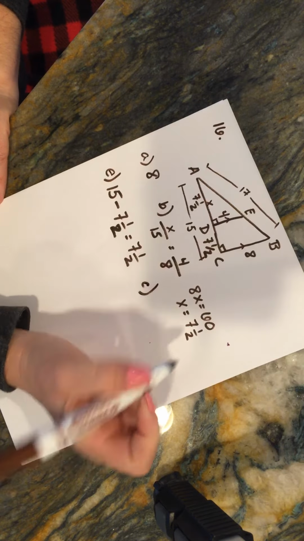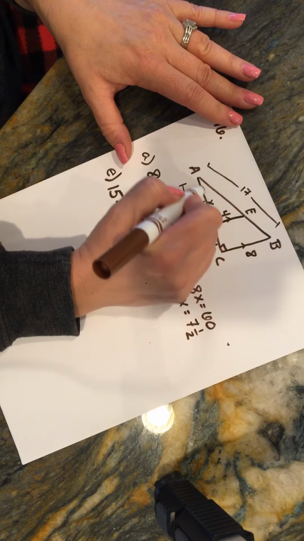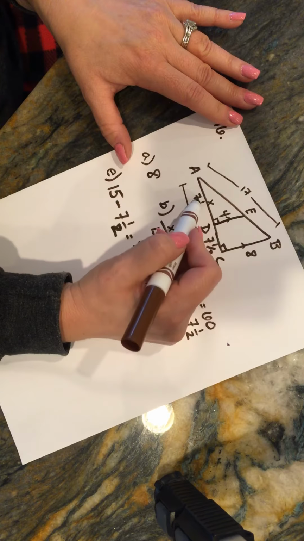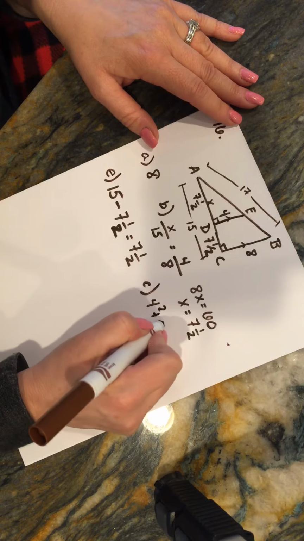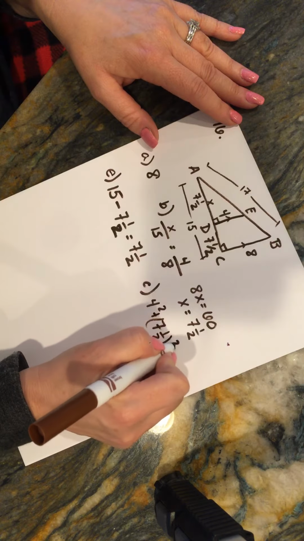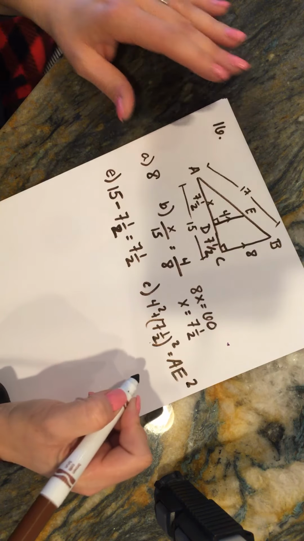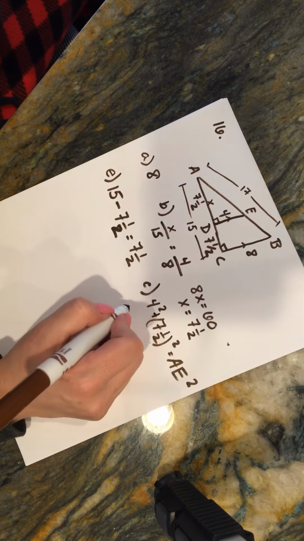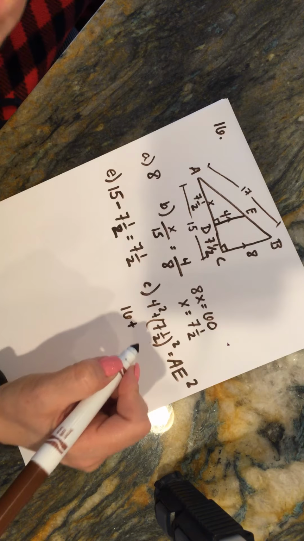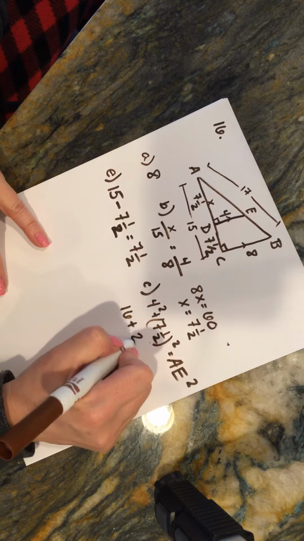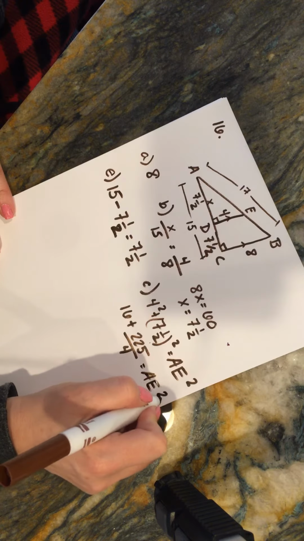Okay, next we need to find AE. Part C is asking us to find AE. All right, well, we can go ahead and take a look at this triangle here. It's a right triangle. We have a 4, we have a 7.5, so let's go ahead and do a little Pythagorean theorem. 4 squared plus 7.5 squared equals AE squared. So 7.5 squared is 225 over 4, so 16 plus 225 over 4 equals AE squared.